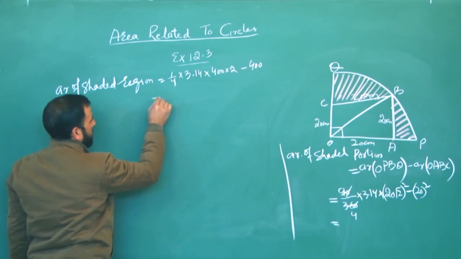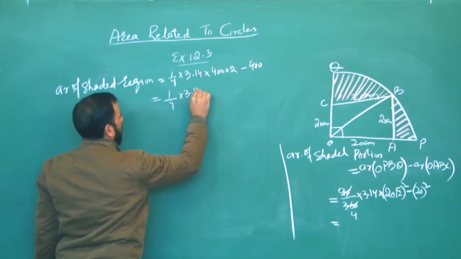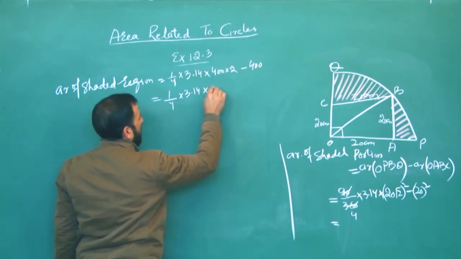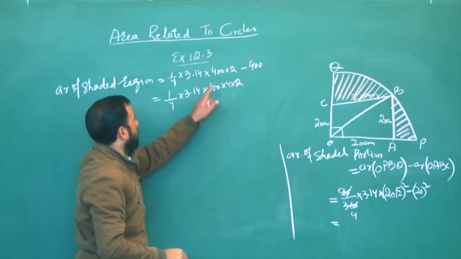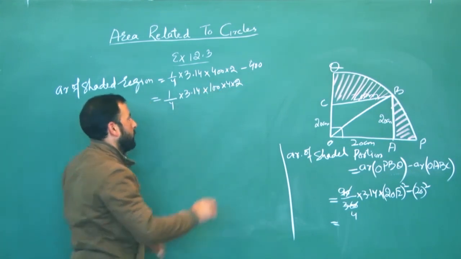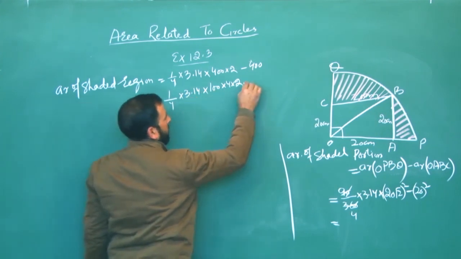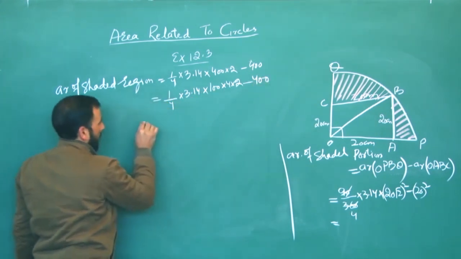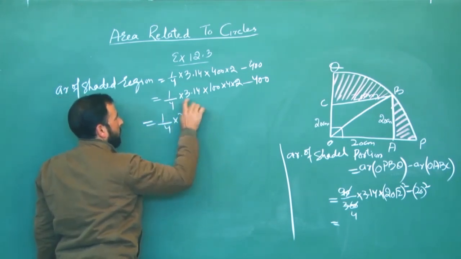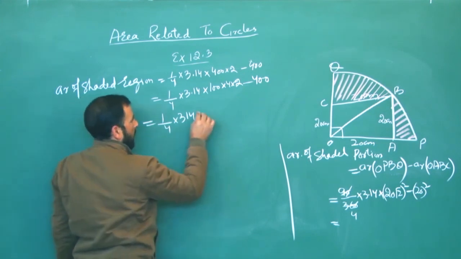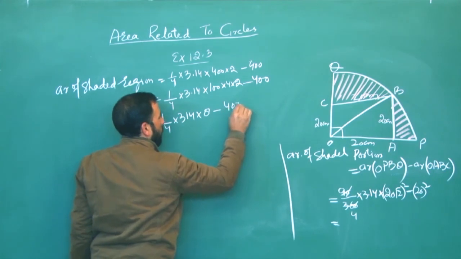Now here it is 1 by 4 into 3.14. We can write it as 100 into 4 into 2, because 400 is equal to 100 into 4. Why do we use it? Because 3.14 into 100 can be calculated as 314, so 1 by 4 into 314 multiplied by 100 into 8, since 4 into 2 is 8, minus 400.